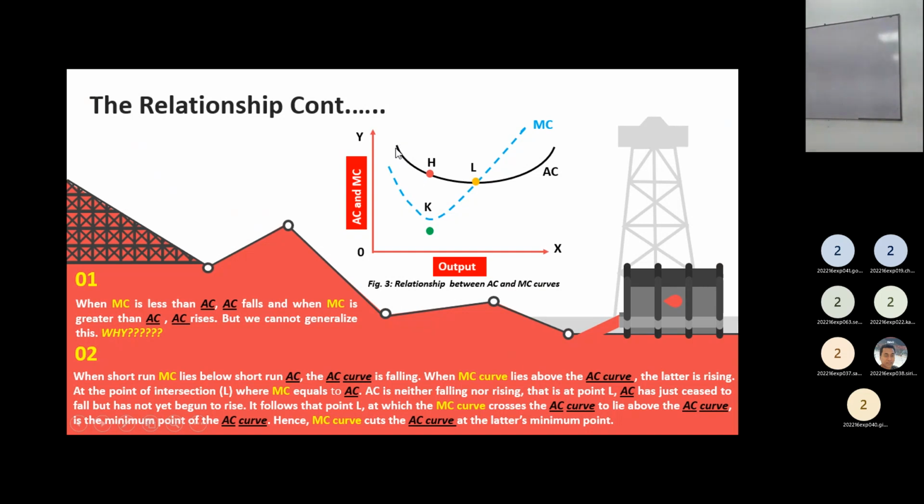If such a thing happens, your average cost decreases. And when your marginal cost curve is above your average cost curve, your average cost is increasing. That's the simple thing that we could see by looking at this particular graph.